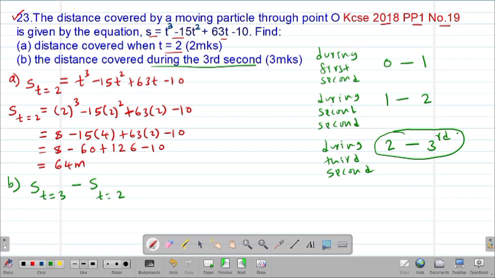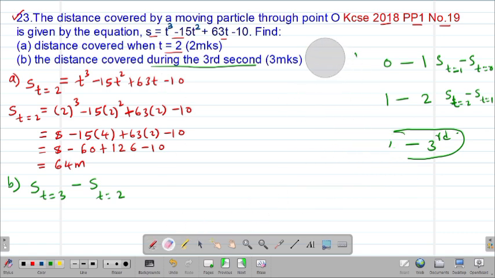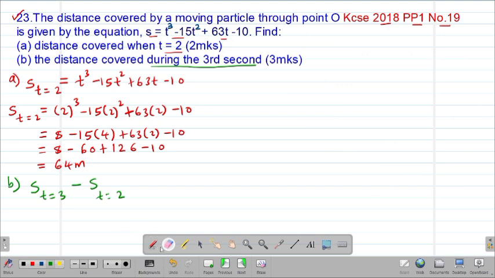If it was the distance covered during the 2nd second, you would take s when t is equal to 2, then minus s when t is equal to 1. Then the distance covered during the 1st second means you take s when t is equal to 1 minus s when t is equal to 0. So that's a very essential point to note whenever you're interpreting that one.